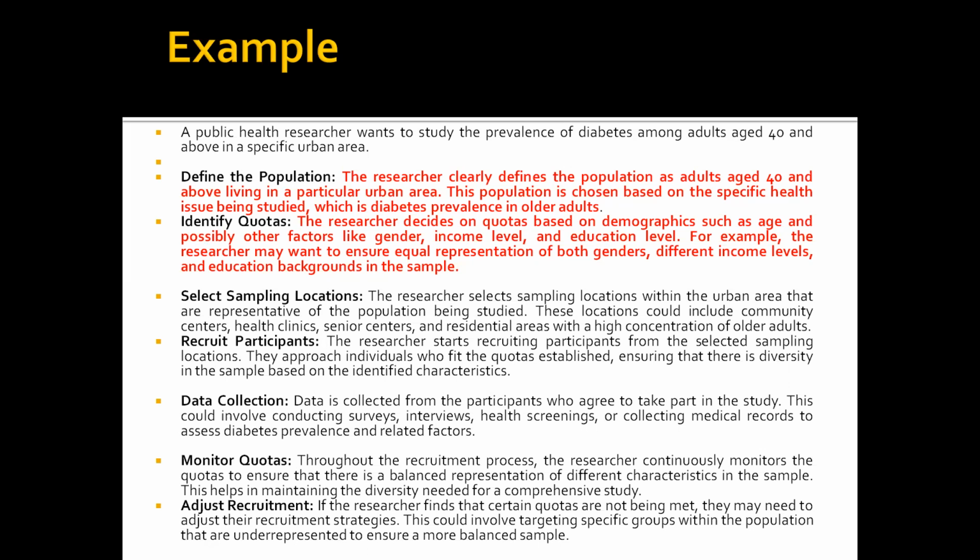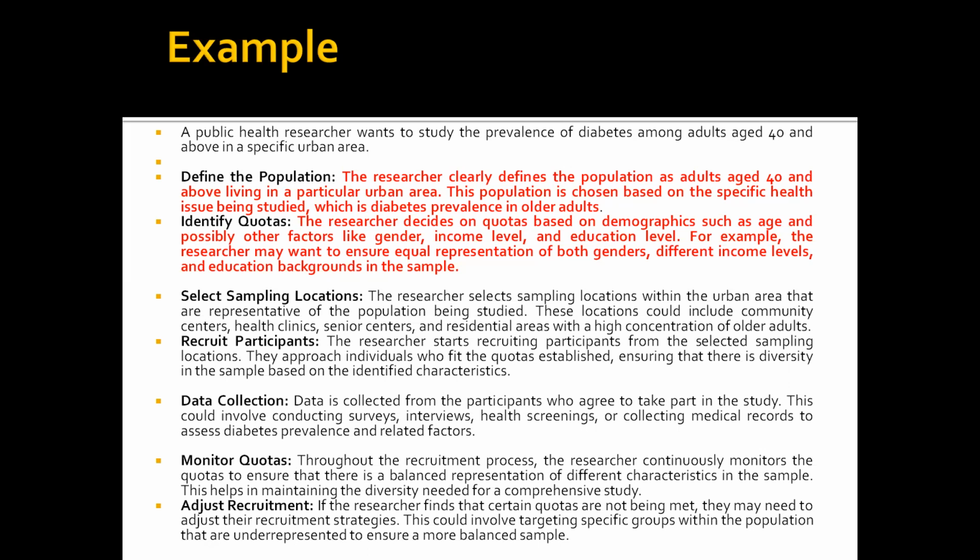Now, the researcher selects a sampling location within the urban area where he is going to meet these individuals, 40 years and above, who are likely to have diabetes and who fall within these quotas of age, sex, and educational level.